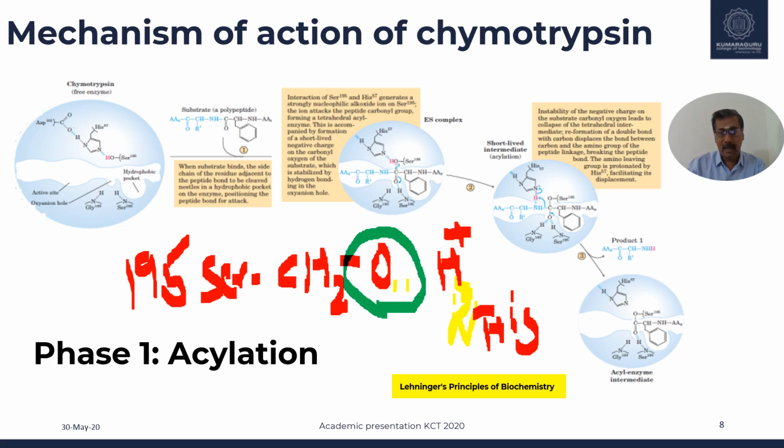When you generate an electrophile, automatically a nucleophile will be generated. Now this nucleophile can attack any electrophile. So now the electrophile hydrogen generated by your serine was grabbed by the nucleophilic nitrogen of your histidine, or in other words, nitrogen of your histidine makes a nucleophilic attack over here. Now here you can see NH.